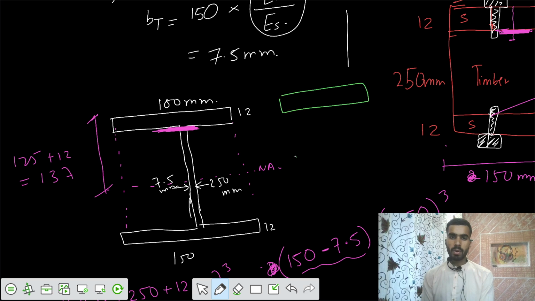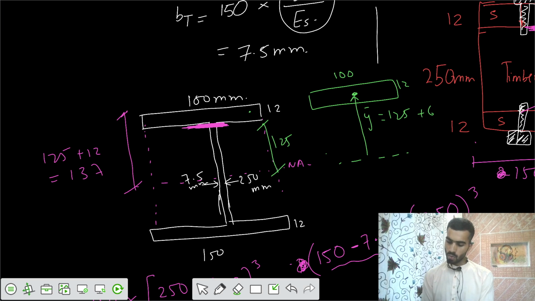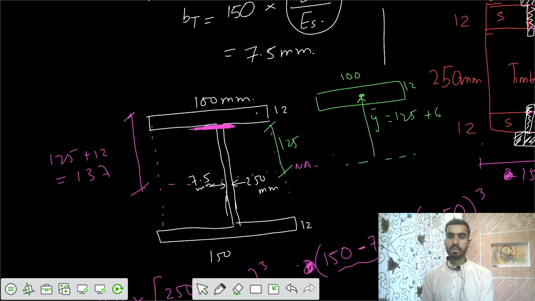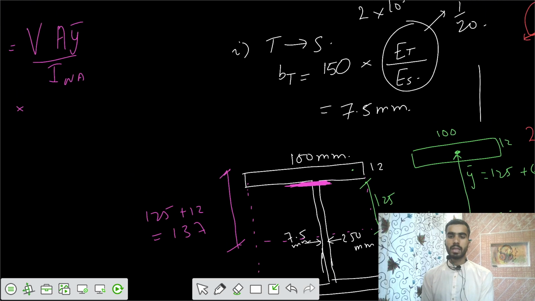This is that A y bar, of area equal to 100 into 12, and the centroid is here at a distance of y bar. So your y bar is equal to 125 plus 6, that is 131.